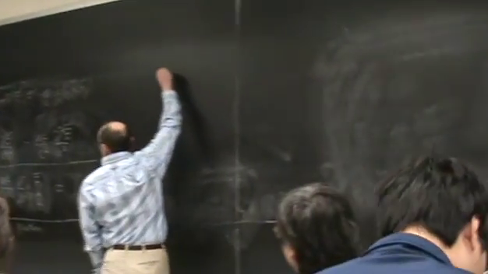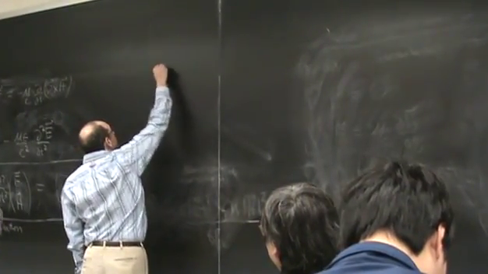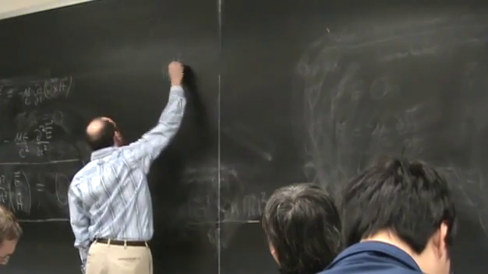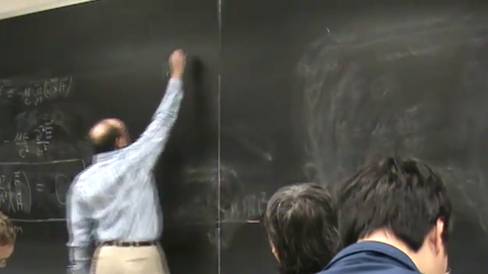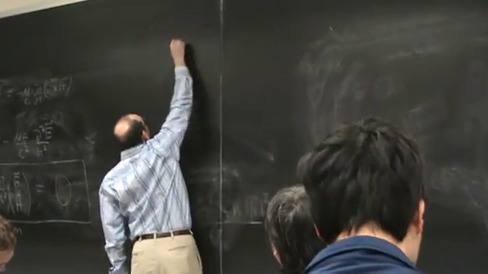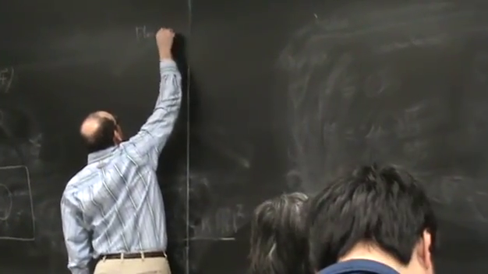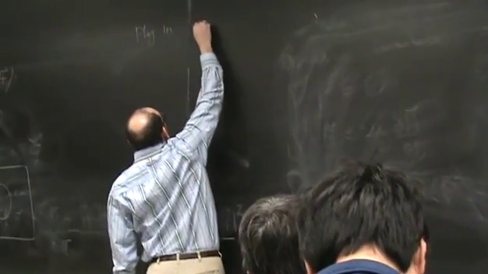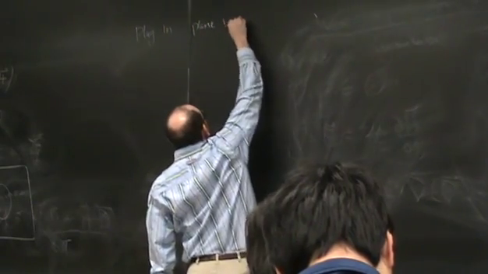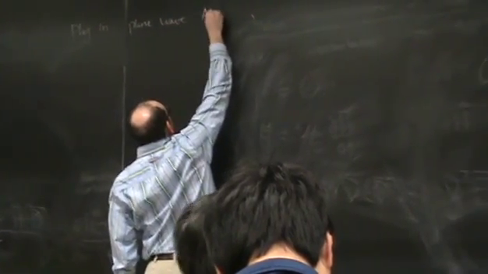And we get minus k squared. So I'm going to plug in the plane wave ansatz.